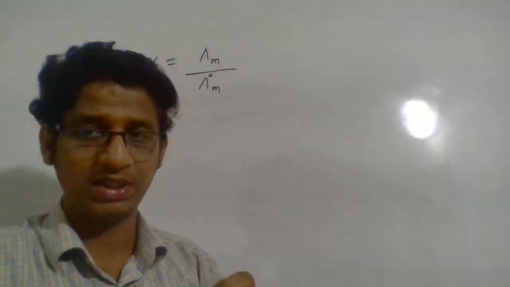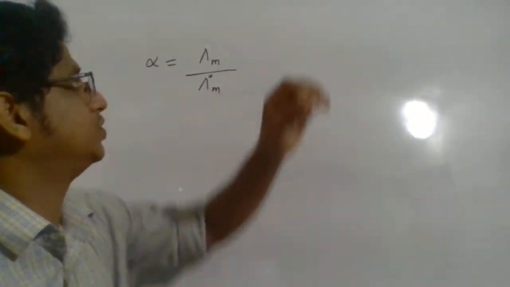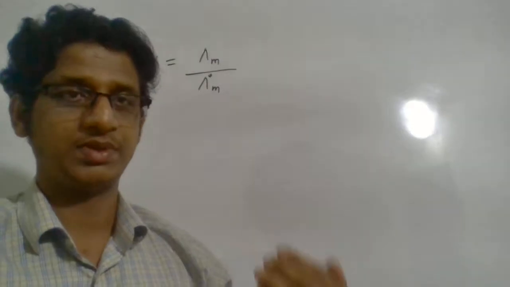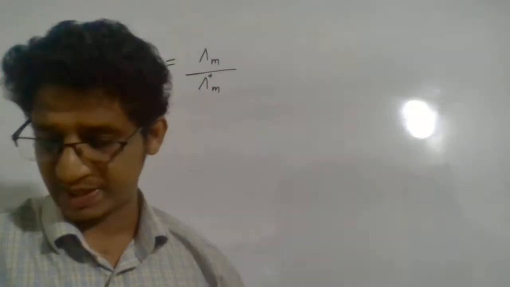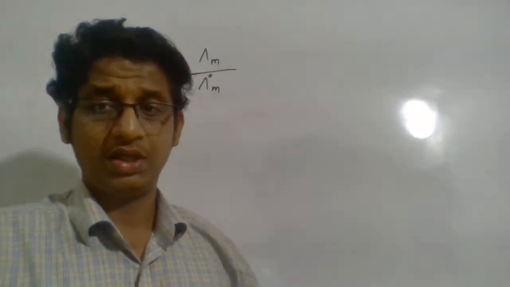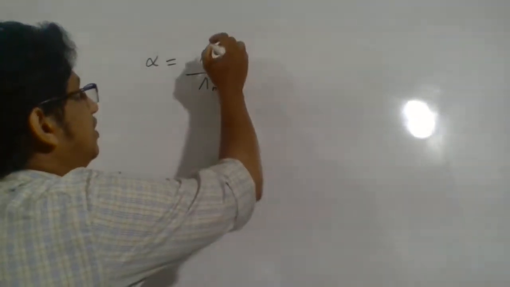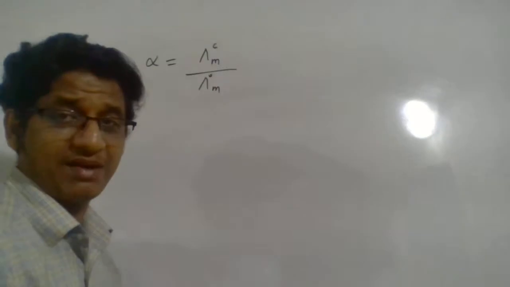Lambda 0 m is the limiting molar conductivity. So if you have the lambda m value and the lambda 0 m value, then you can find the degree of dissociation by taking the ratio between these two. Lambda m divided by lambda 0 m will give you alpha, the degree of dissociation. Or I am representing it as lambda mc.